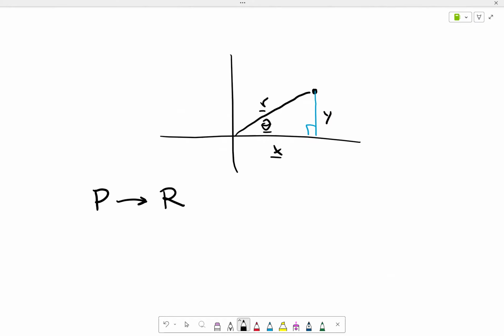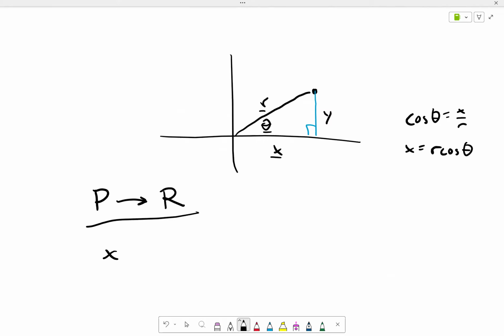Basically, X, R, and theta are bound together by cosine, right? I'll say cosine of theta is equal to X over R, and from this we have X is equal to R cosine theta. That's our first conversion.